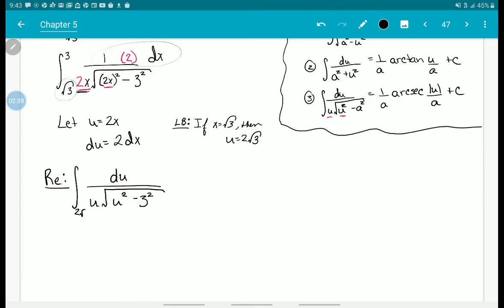So this guy is going to be 2 square root of 3. For the upper bound, we said x is going to be equal to 3. That's coming from that original problem. Then u is going to be 2 times x, which is 2 times 3, which is 6.